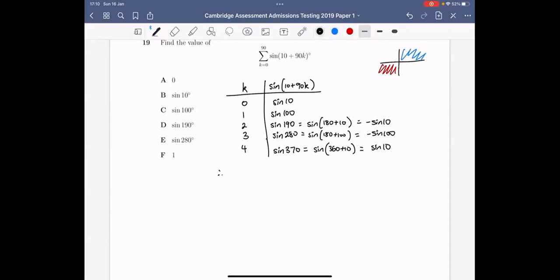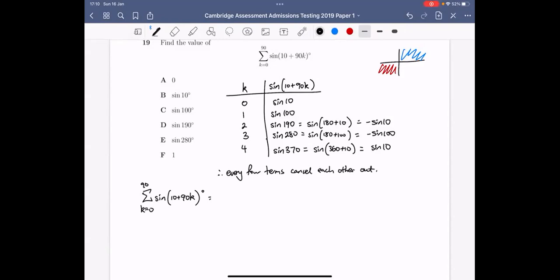So from this observation, every 4 terms cancel each other out. So we can just ignore every 4 terms. That means 0, 1, 2, 3 cancel each other out, and then 4, 5, 6, 7 cancel each other out.